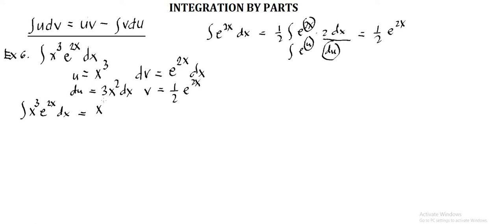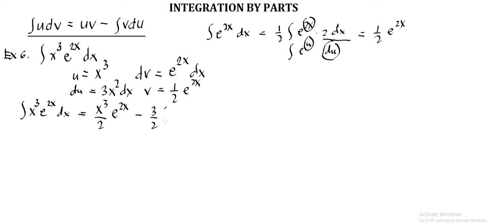So magkakaroon tayo ng x cubed divided by 2, and then times e to the 2x, and then minus integral of v du. So 1/2 e to the 2x times 3x squared dx. So 3 times 1/2, 3/2. So yun yung constant natin.